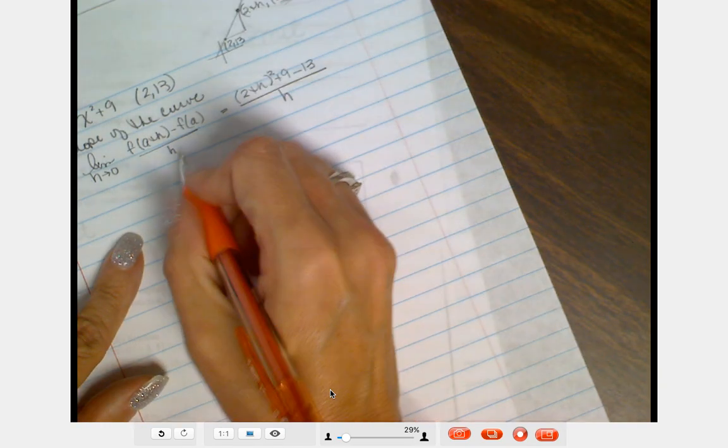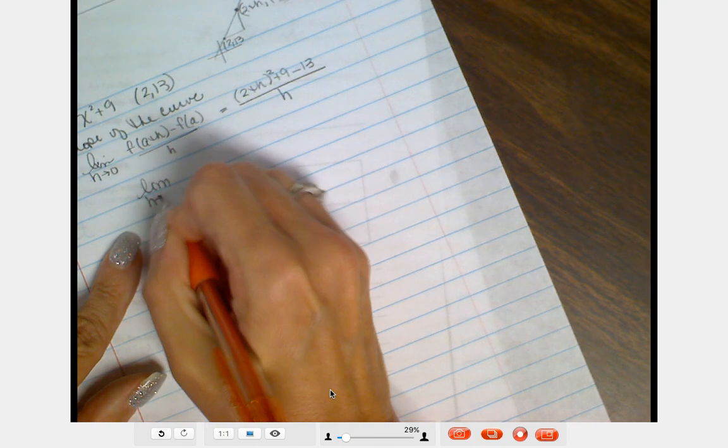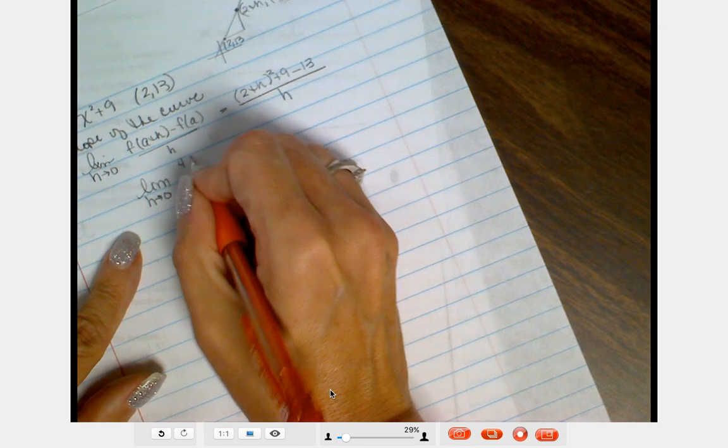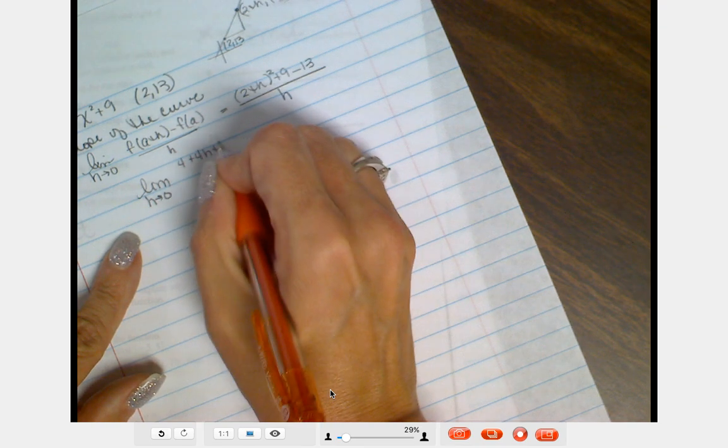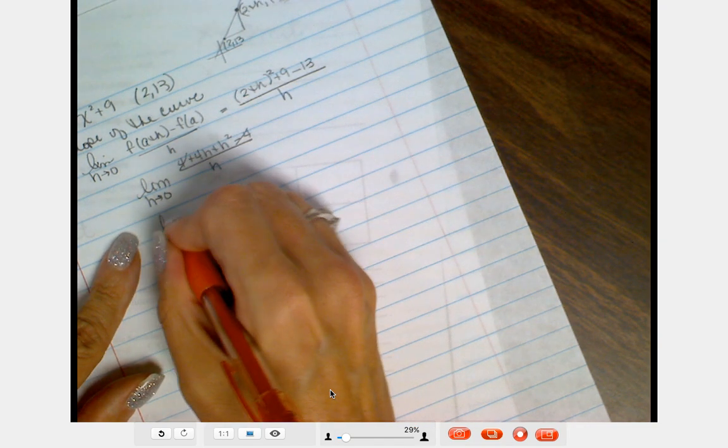Okay, now let's work this out. We need to FOIL that. So that's going to be 4 plus 4h plus h squared minus 4 over h. Those cancel.